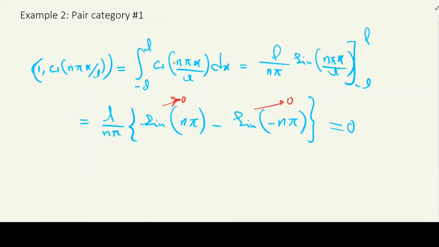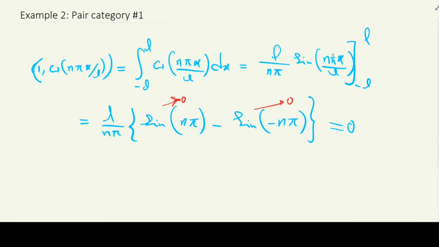If you evaluate this integral, it is going to be L over n pi times sine of n pi x over L, and the lower and upper limits are going to be minus L to L.